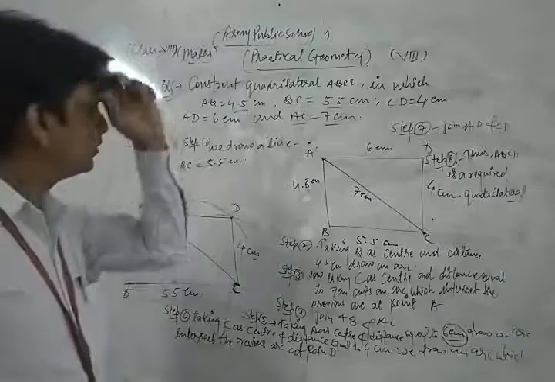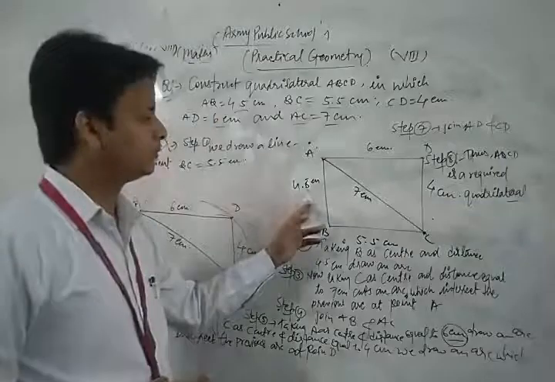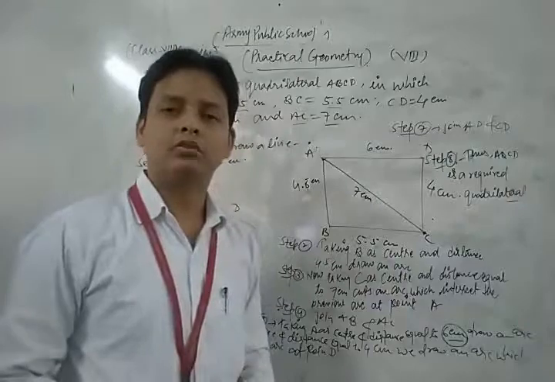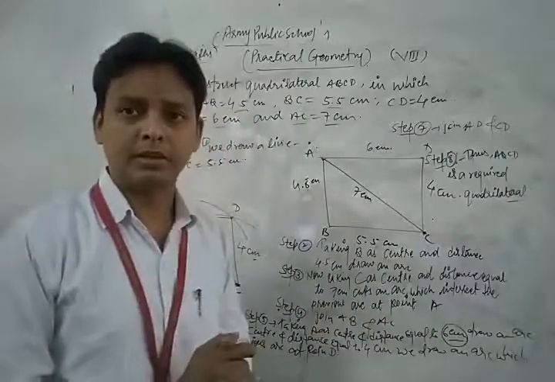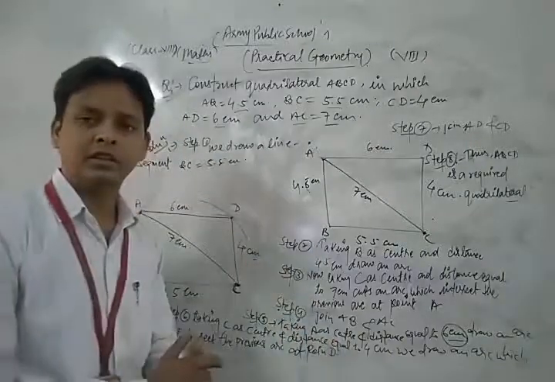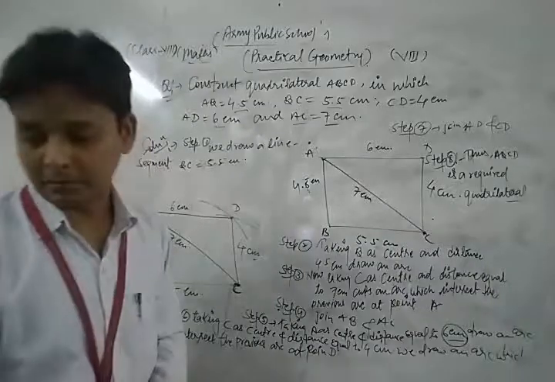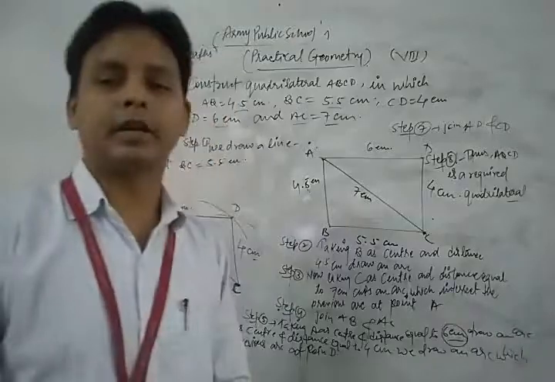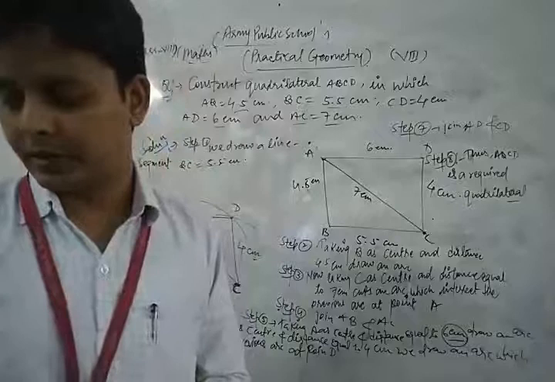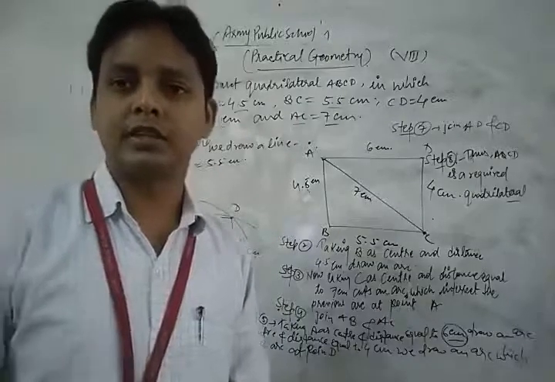Here we construct a quadrilateral ABCD in which AB, BC, AC, AD, and CD are given. We construct it in a very systematic manner using these steps of construction, which is very important for your upcoming examinations. So please do more and more practice of this type of construction in your NCERT exercise. Now we take and discuss some other important question of your NCERT exercise.